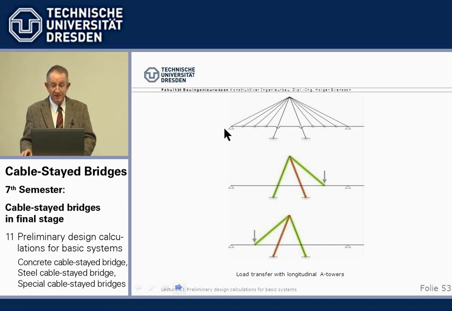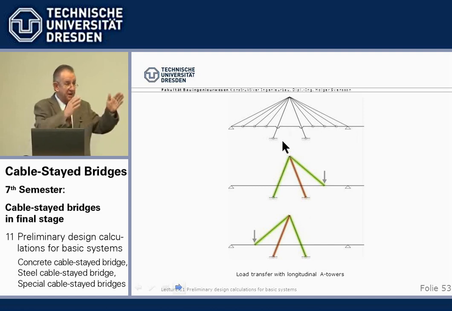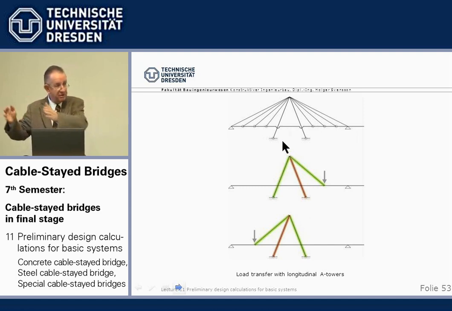So this stands in itself, so it's a good system if we have a series of cable-stayed bridges where we don't have the usual backstay cable to keep the tower head in place. There, one good possibility is to use A towers, and then every intermediate system stands in itself.